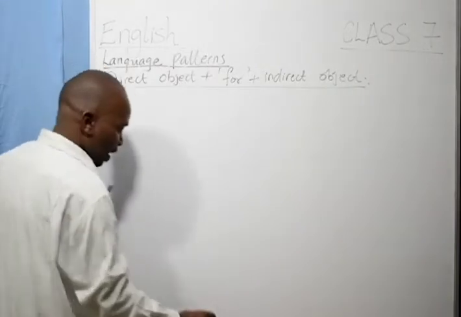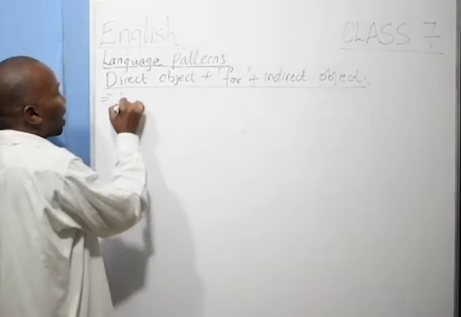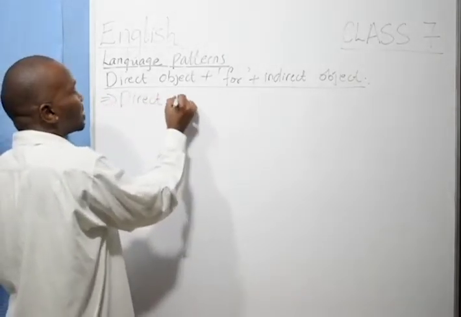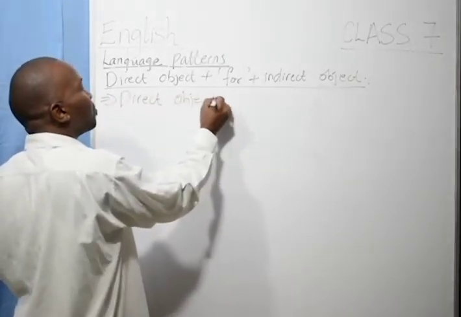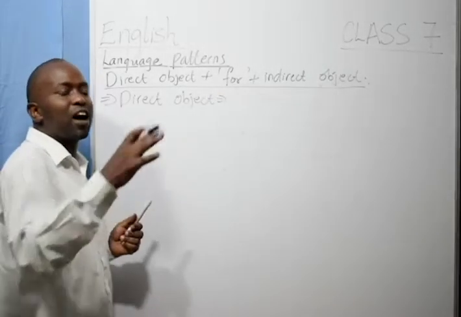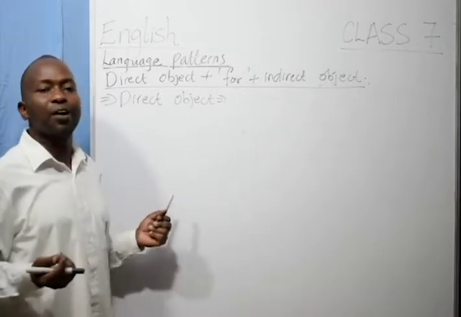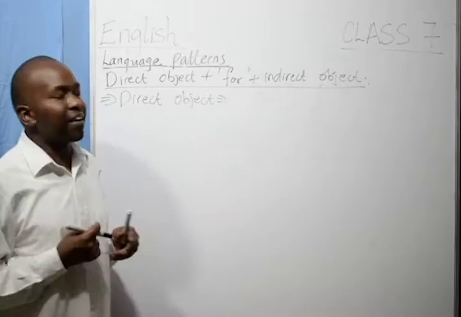Now let's start by defining what is a direct object. I believe earlier on we looked at this and we can remember what you said. Direct object. Yes, I can see several hands up. Good try. So how many agree with that? Very good.